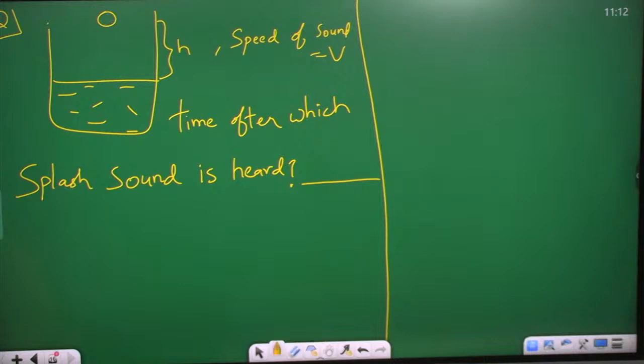With gravity g. So try to derive that. Okay, this is a standard equation.